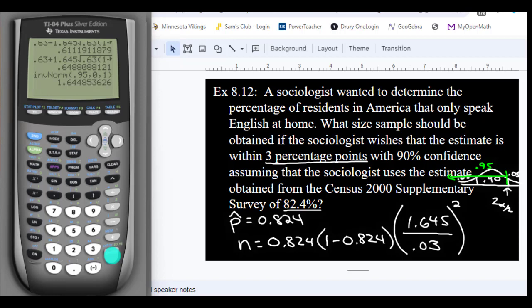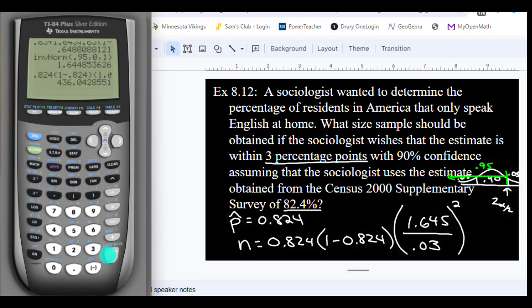So let's go ahead and type this into our calculator now to get the number of our sample size. 0.824, parentheses 1 minus 0.824, close the parentheses, and then parentheses 1.645 divided by 0.03, close the parentheses, and square it.